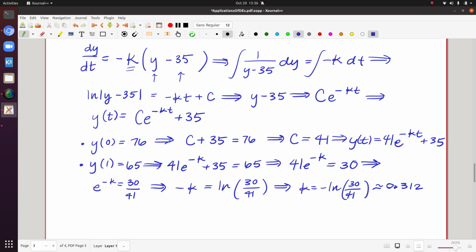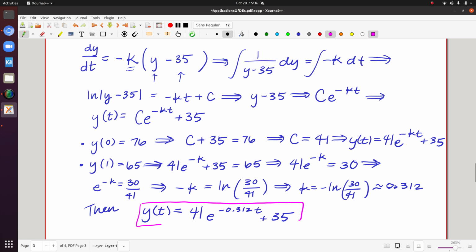So that means my temperature function could be expressed as 41 times e^(-0.312t) plus 35. That is my solution function.